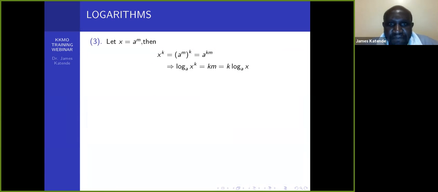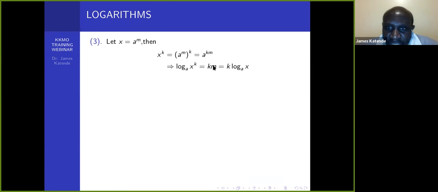Okay, so the next one is the power rule. So if x is equal to a raised to m, then we can write x^k as a raised to m, raised to k, which, using the rules of indices, is the same as a raised to km, right? So that means the logarithm of x raised to k base a should be equal to km.